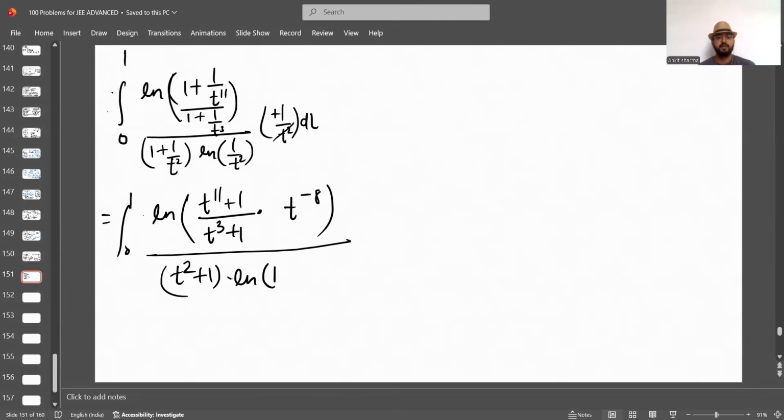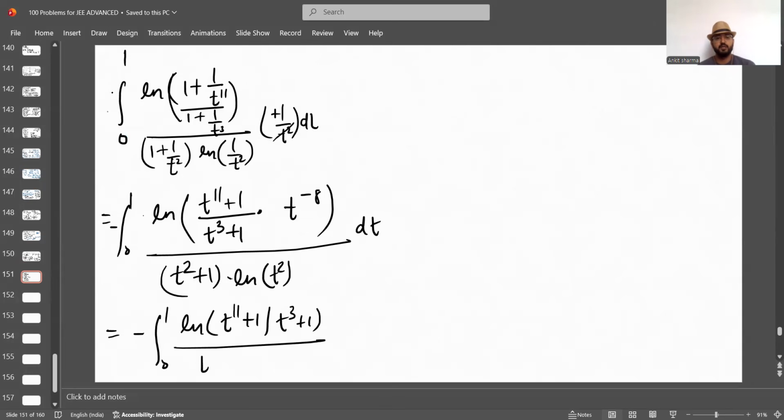And this is ln of 1 over t, which is minus ln t. So now we'll break it. I'll write here the integral from 0 to 1 of ln of (t to the power 11 plus 1) over (t to the power 3 plus 1), over t squared plus 1, into ln t.